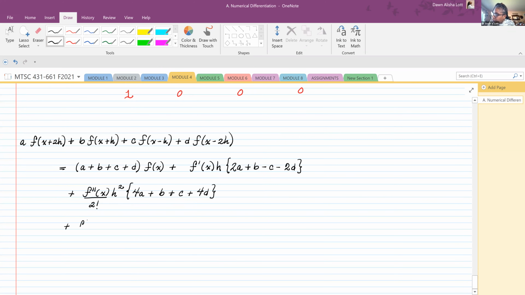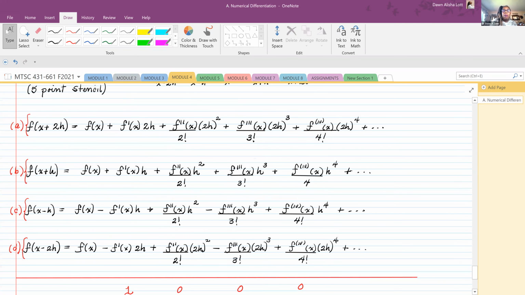The coefficient of the third derivative, and that's over 3 factorial. Okay, so that's going to be, well, I get 8 cubed. So I'm going to get 8A plus B minus C minus 8D.